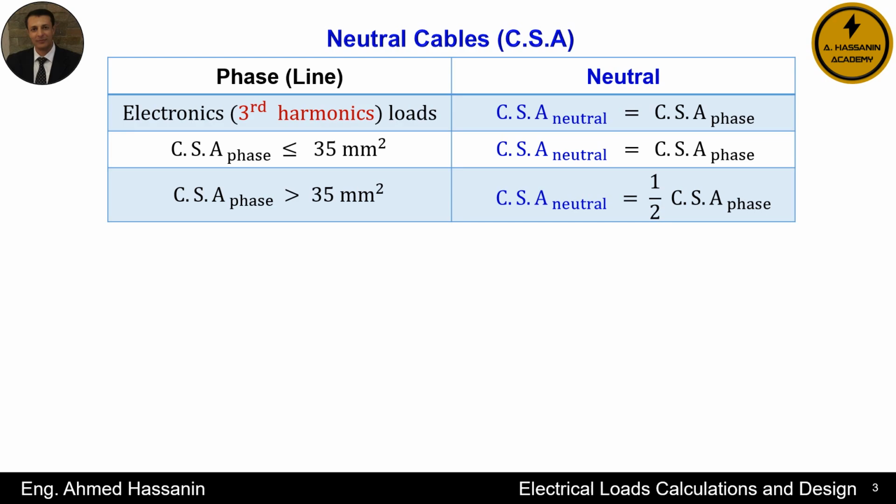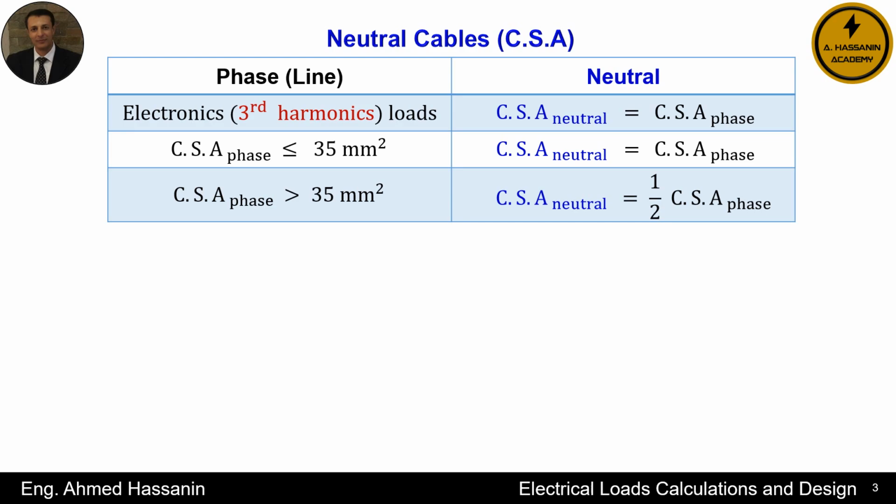As shown in the table in front of us, the correct steps for selecting the cross-section area of the neutral conductor are as follows. First step, if the loads are electronic loads or any loads that generate significant harmonics, the cross-section area of the neutral conductor should be the same as that of the phase conductor.